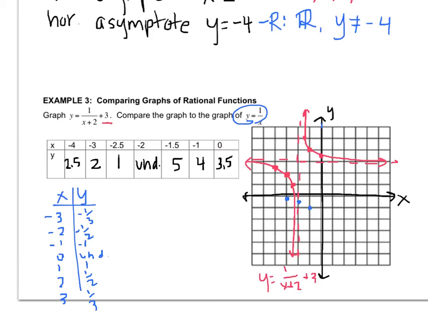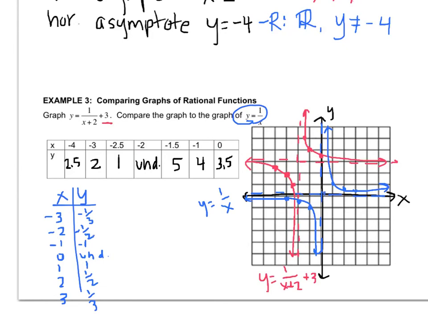And I've got an asymptote going down here. And that's what that side looks like. We have to compare it, so let's talk about how it shifted. One of the things that you can use to understand the shift, I know there's a lot going on in this picture, is to look at how the asymptotes moved.